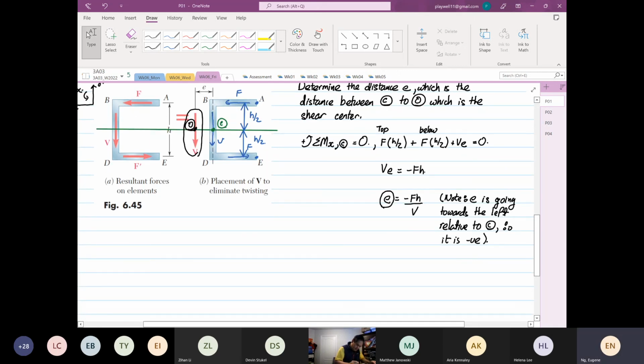So the equation then becomes E is equal to FH over V. We drop the negative because both are negatives. So this is a formula. Very straightforward formula. Nothing difficult, nothing complex.